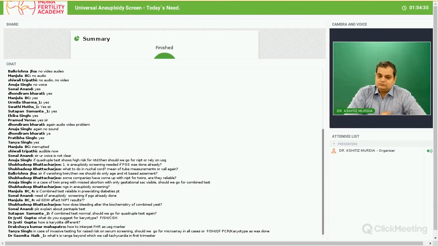Dr. Sasmita, next question. What is the range beyond which we call tachycardia in the first trimester? Around 6 weeks, when the fetal heart arises, it's around 90 to 100, and from there it keeps increasing and reaches up to 180, 190 by 9 weeks or so.